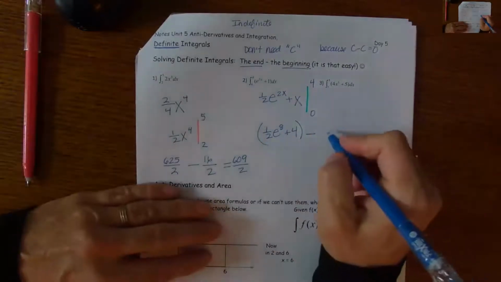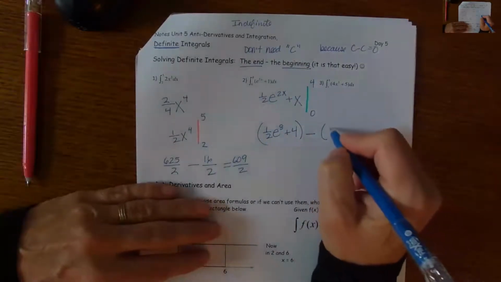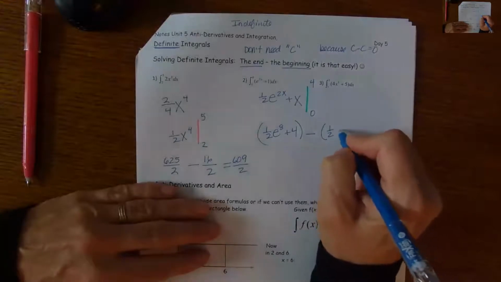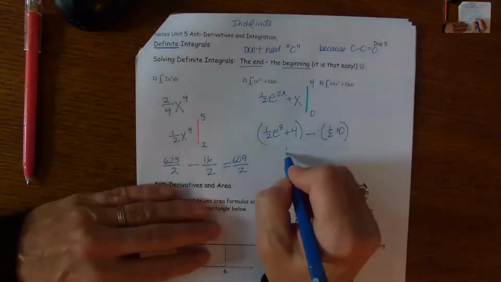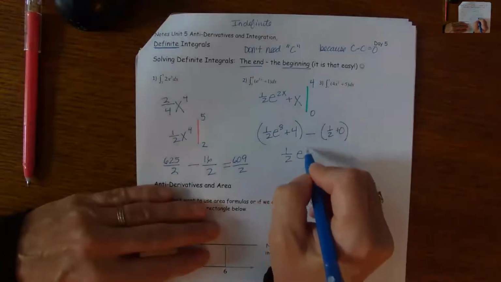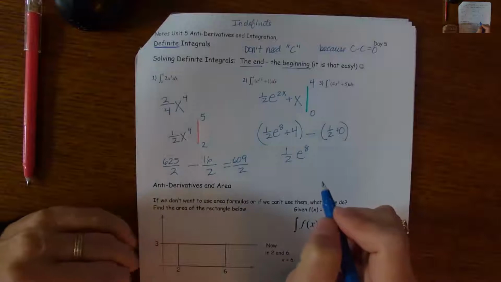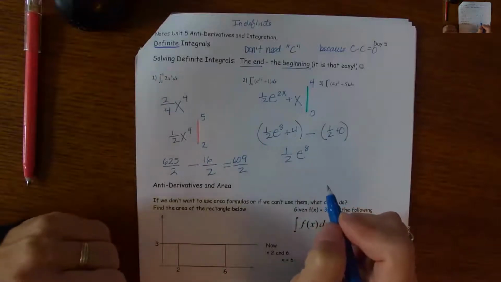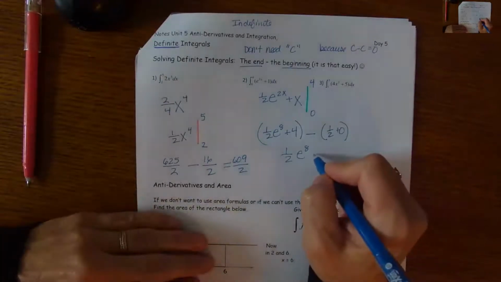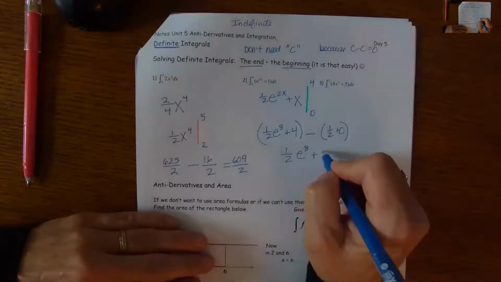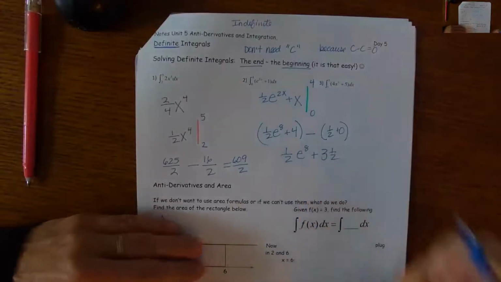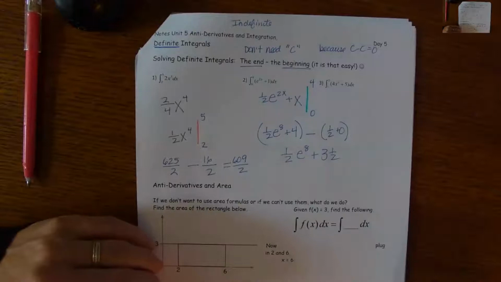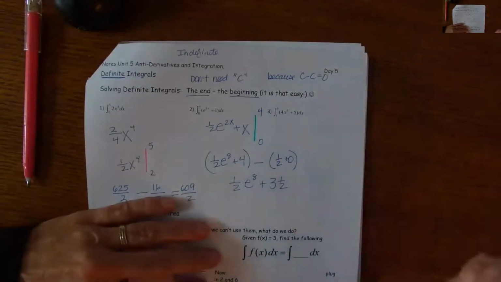And what's 1/2 times 1? Right, plus 0. So what is this going to be? 1/2 e to the 8th. And what is 4 minus 1/2? 3 1/2, right?